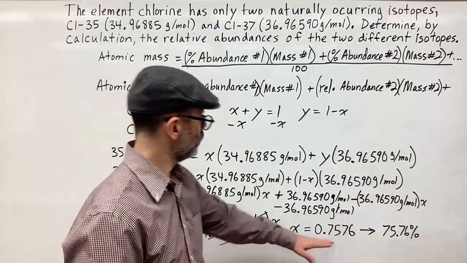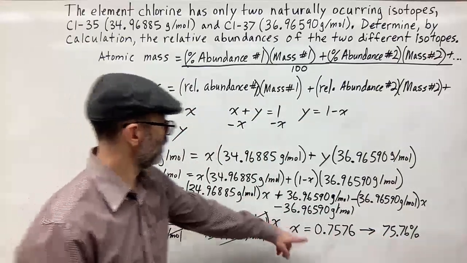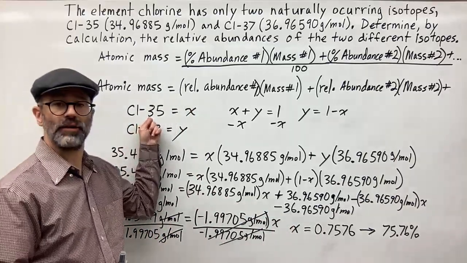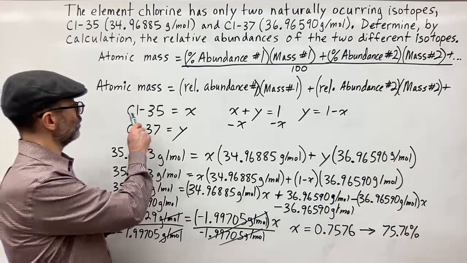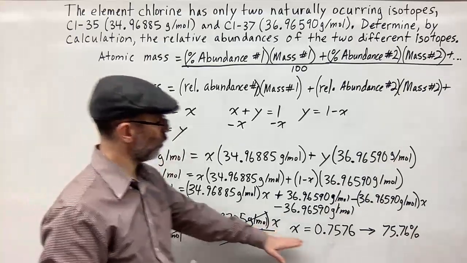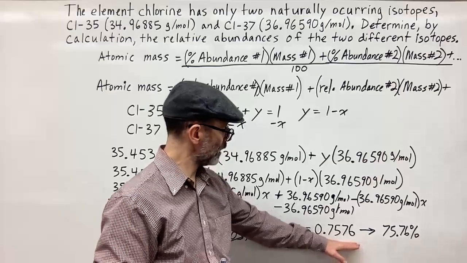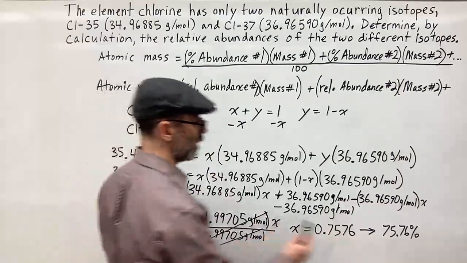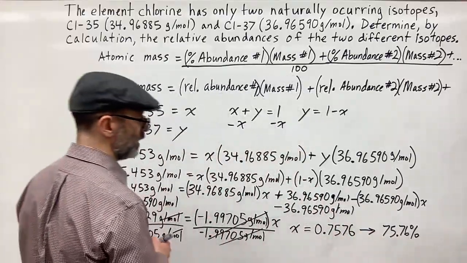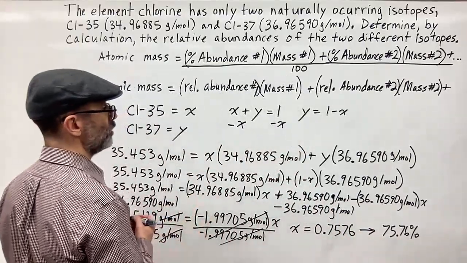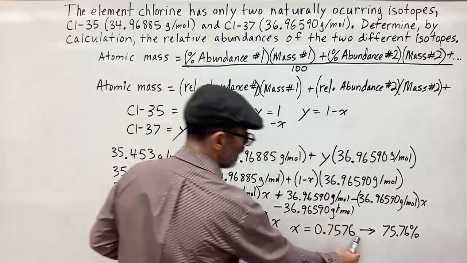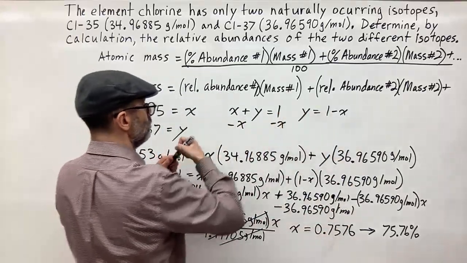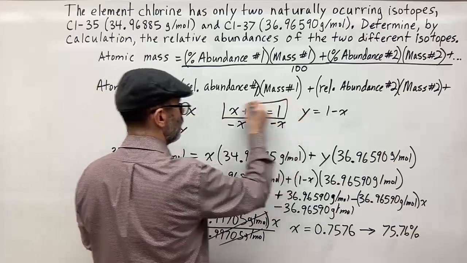And this would be the fractional abundance or the relative abundance of chlorine 35. Because we said chlorine 35 was X, chlorine 35 has a fractional abundance of 0.7576, and that goes to 75.76%. And then all we need to do is take this number and plug it back into this equation here.